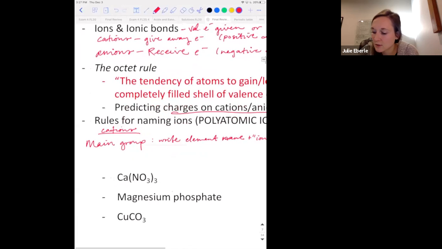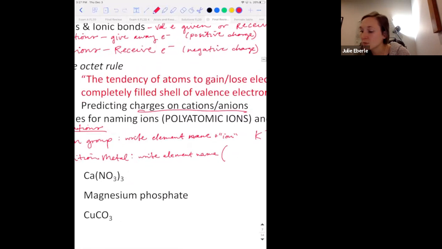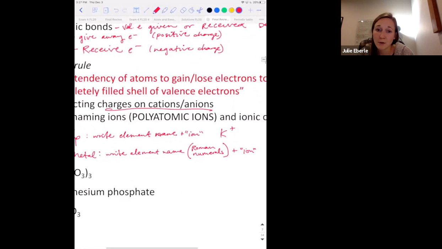However, if you are a transition metal cation, you write the element name and then you put Roman numerals in parentheses, and then you add the word ion. Why do we do this?